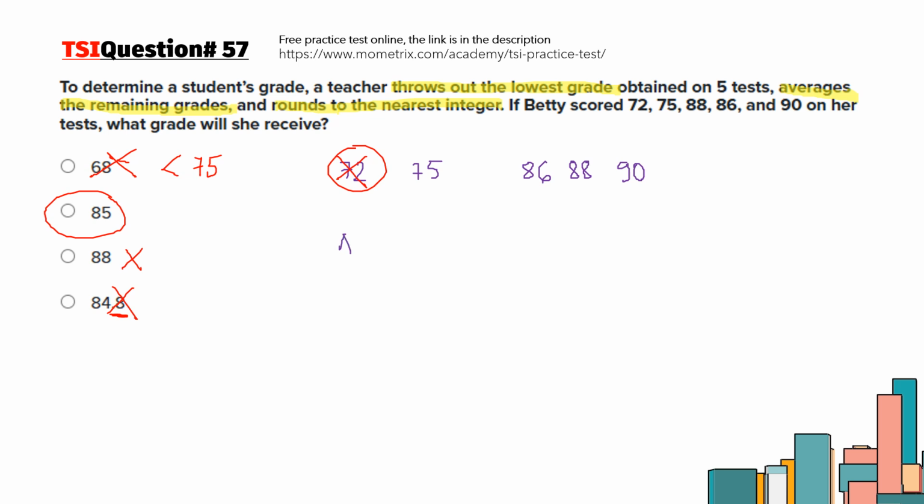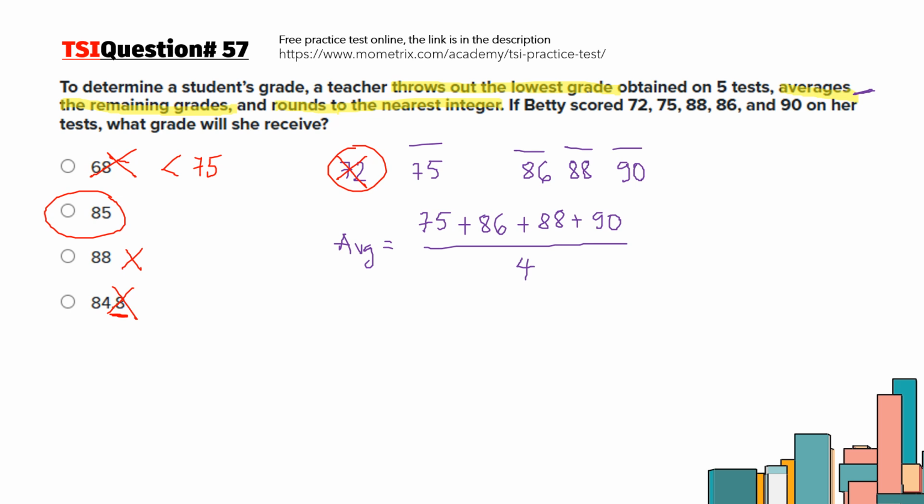Now to find the average, we add them all up: 75, 86, 88, 90. Then we divide by 4, not 5, because they say average the remaining grades. The remaining grades include only 4 tests, not 5, because we eliminated one of them.